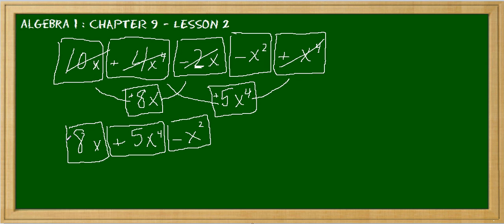So in this case, we're going to put these in order, and we're going to say that we have 5x to the fourth, or positive 5x to the fourth. That was our first because it was the fourth, the highest. Our next highest is the 2, so we'll put negative x squared. And our last is positive 8x. Now we have this expression, 5x to the fourth minus x squared plus 8x.